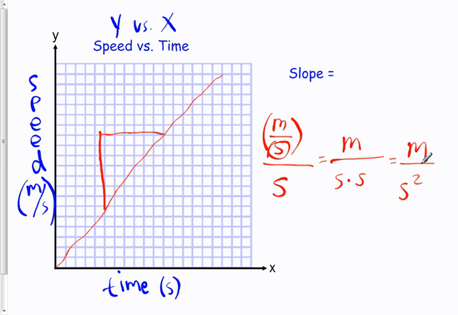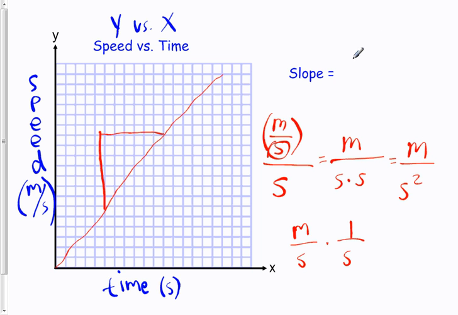Okay? That stuff should be mostly review. Another way that you can think of it is meters per second times 1 over seconds, if that helps you see how those numbers go on top and on bottom better. Okay, but basically what that gives us is a form of meters per second squared.